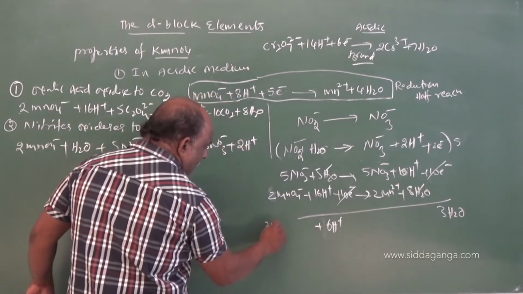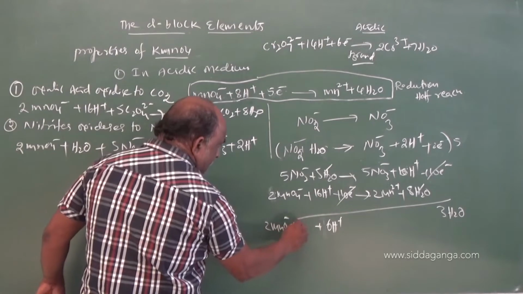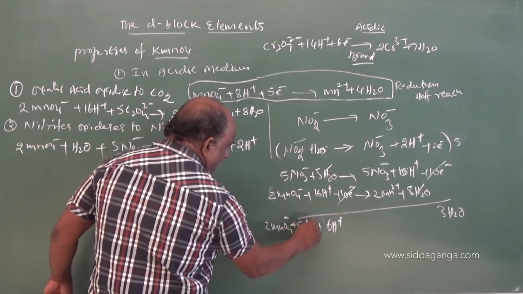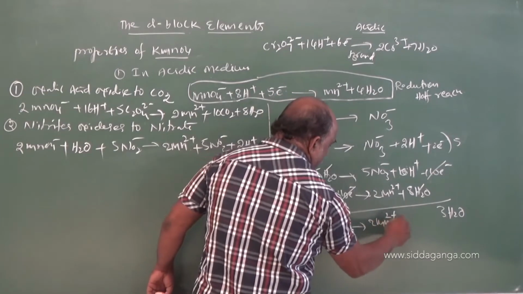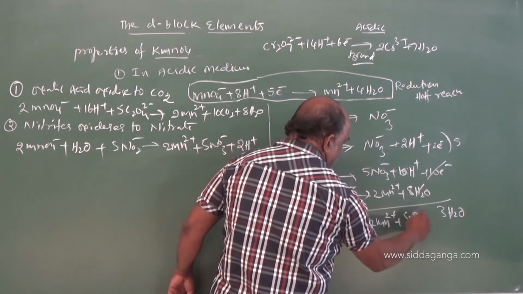So 2MnO4 minus plus 5NO2 minus gives rise to 2Mn2 plus plus 5NO3 minus.